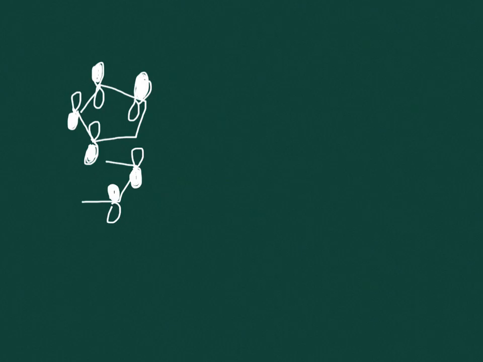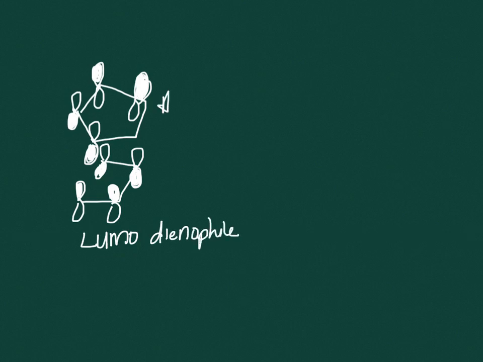Okay. Let's just draw a p orbital for the carbon substituent. Okay, so this is the LUMO of the dienophile. This is the HOMO of the diene.